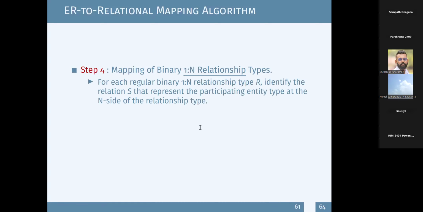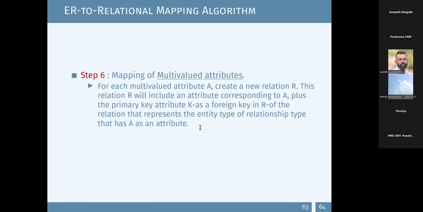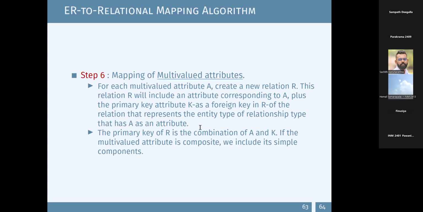Right. Now, the next one is when you have multi-valued attributes. In our case, we have locations for the department. A department can be in multiple different locations, so we call it a multi-valued attribute. Another example would be, for a particular person, the number of degrees, which could be multi-valued.